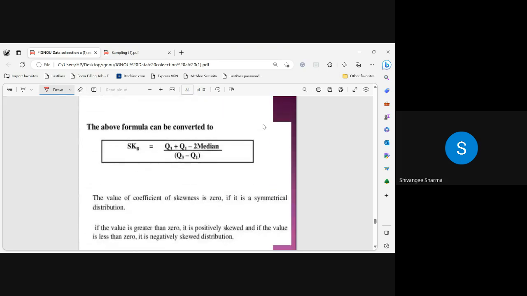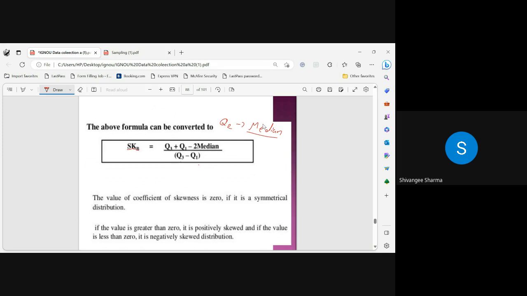The above formula can be converted to this also, because Q2 is always equal to the median. So this coefficient, SKB, is Bowley's coefficient of skewness: Q3 plus Q1 minus twice the median divided by Q3 minus Q1.